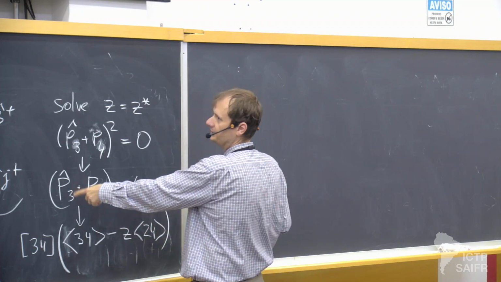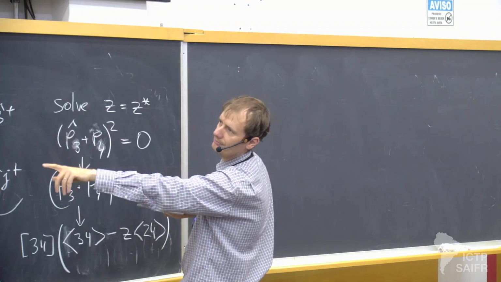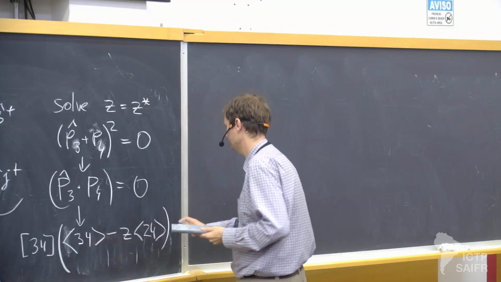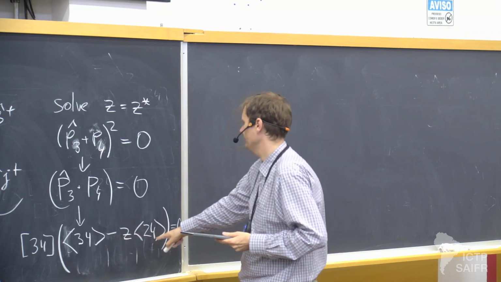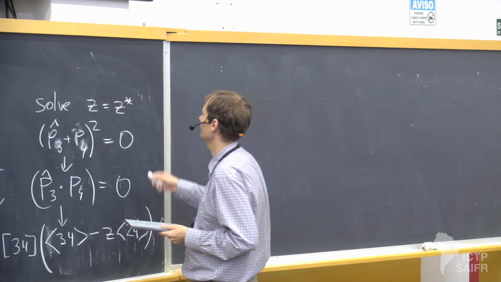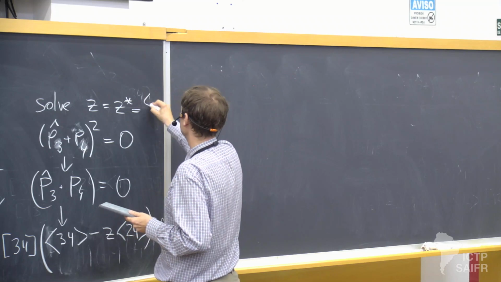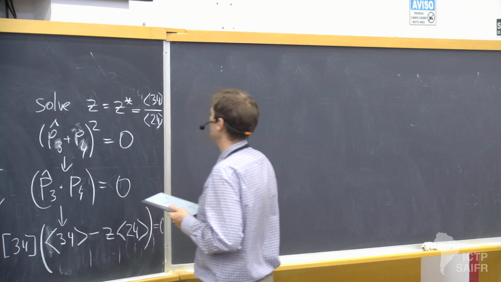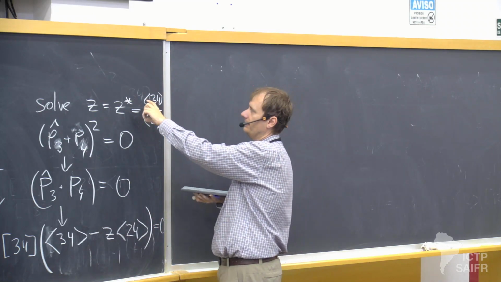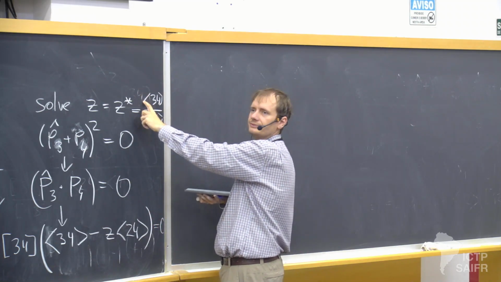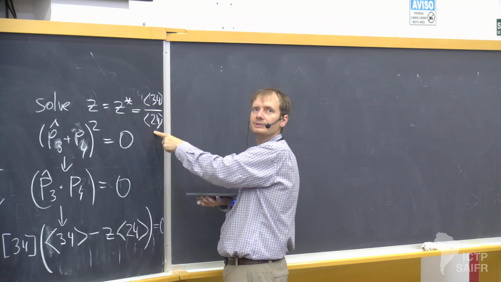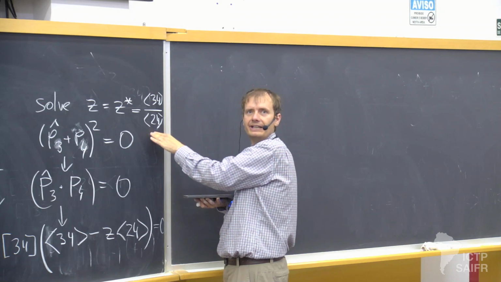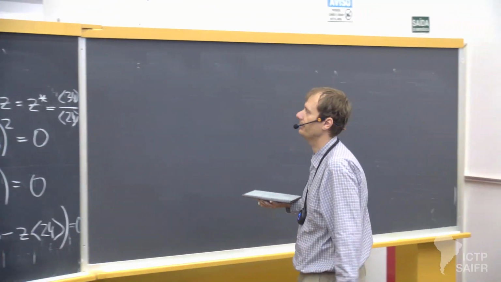The lambda 3 tilde shifted was lambda 3 minus Z lambda 2. And this is 0. So from that we solve for Z. The Z is equal to 3,4 over 2,4. It's actually the same that we got for Z before, but before we wrote it in terms of square brackets, which were equivalent to this one because of 4-point kinematics. Now it's not equivalent. So now we get just this representation using these angle brackets.